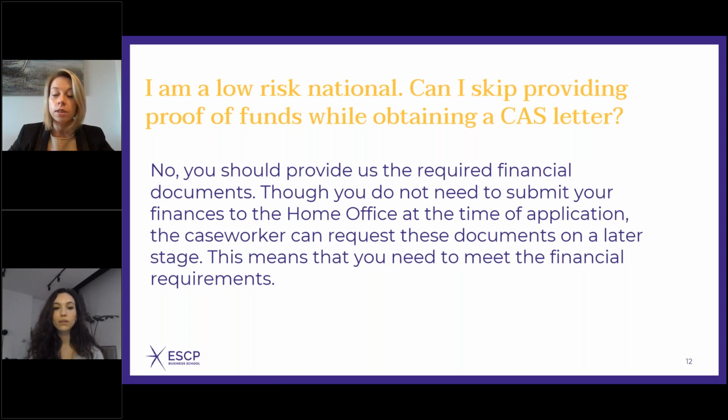Because it is quite highly possible that the caseworker can request this document, we request students to provide the proof of finance anyway, regardless of whether they are low-risk or high-risk nationals. So for us, in order to get you a CAS letter, you will need to show us the proof of finances. Okay, great, really clear.